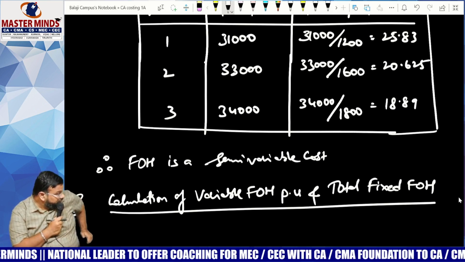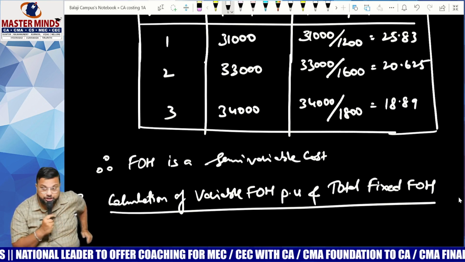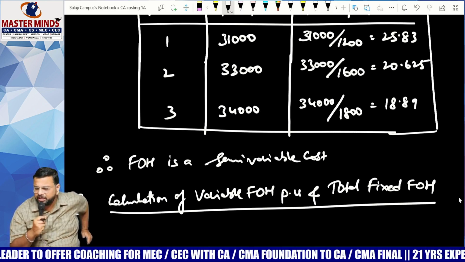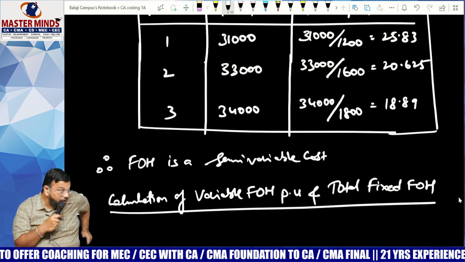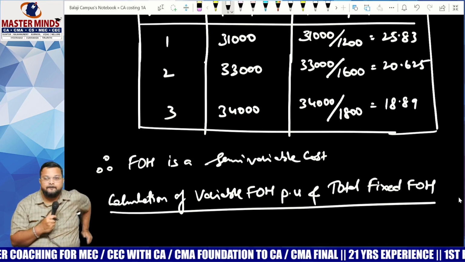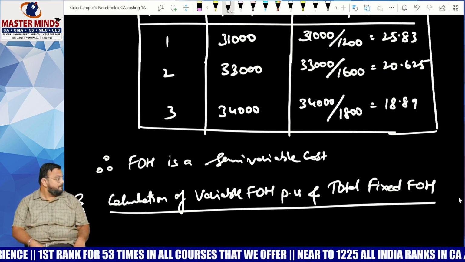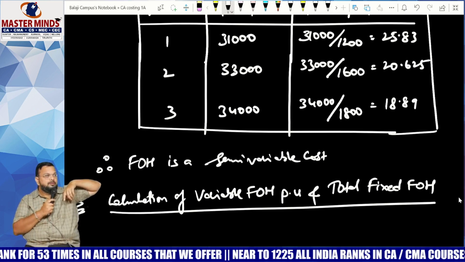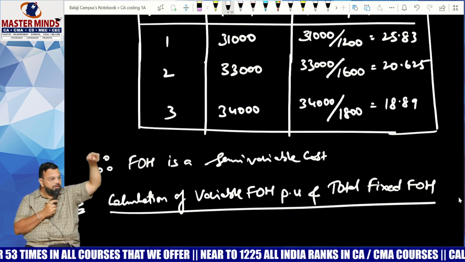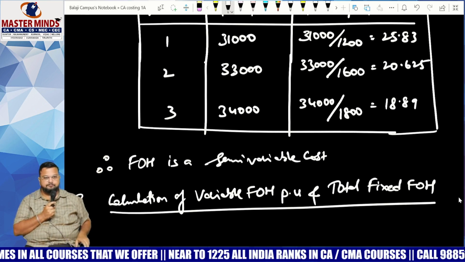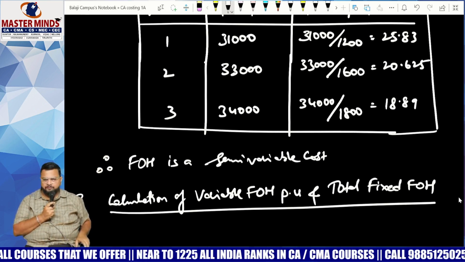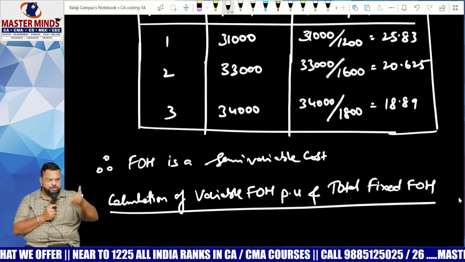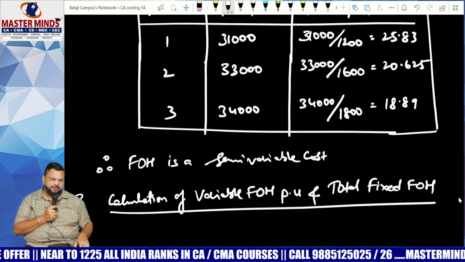Variable factory overhead per unit equals change in total factory overhead divided by change in quantity. You can take weeks 1 and 2, 2 and 3, or 1 and 3. Able to follow? Don't wait for me, continue. Once you have completed that, you can straight away prepare the cost sheet, a statement showing profit for 2000 units.